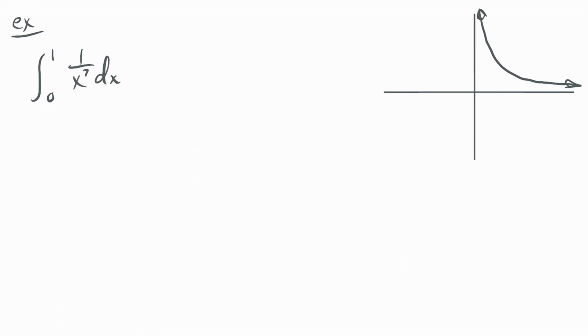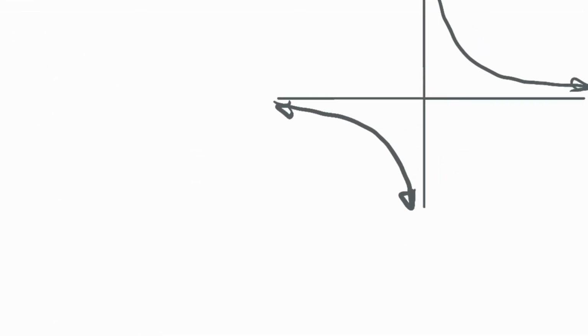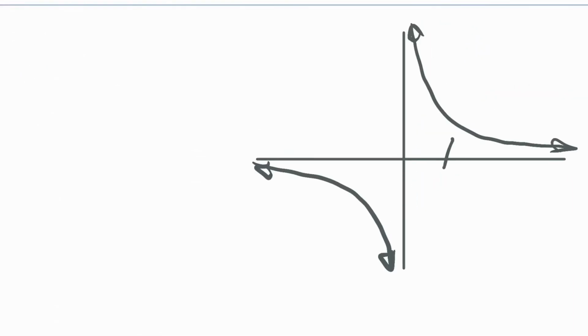The shape should be skewed much more like that, but I'm not going to worry about it. So again, from 0 to 1, that's the area we care about. We're going to put t somewhere here, find the definite integral, and then let t go to 0 and see what happens.